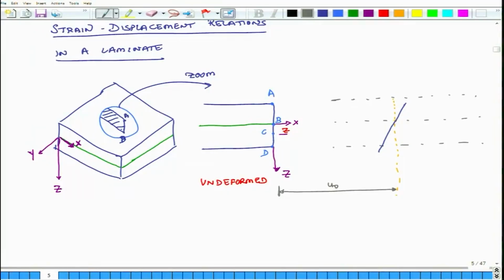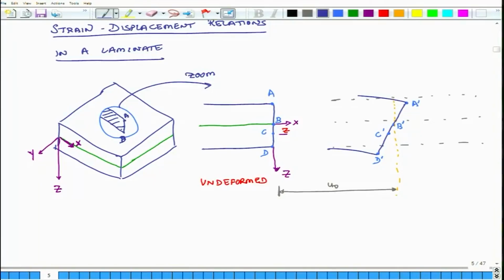So, we will again mark these points here. The revised positions are A prime, D prime, and the mid plane is there. This is B prime, and a distance below that is C prime, and the overall configuration looks something like this.